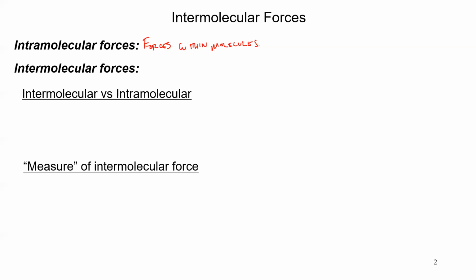So when we talk about forces within molecules, we're talking about chemical bonds. Those chemical bonds, whether ionic bonds or covalent bonds or metallic bonds, we talked about all those kinds of bonds last semester. Whatever kind of bond we're talking about, those are intramolecular forces. Okay? When we talk about intermolecular forces, we're talking about forces between molecules.